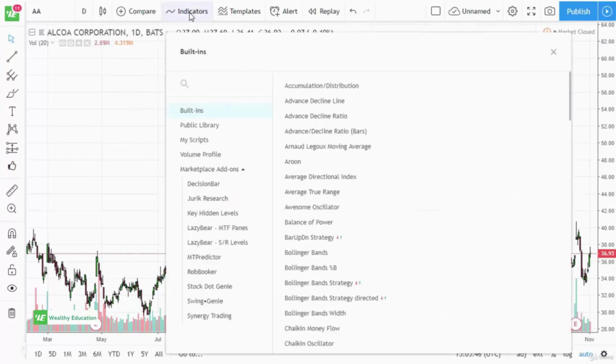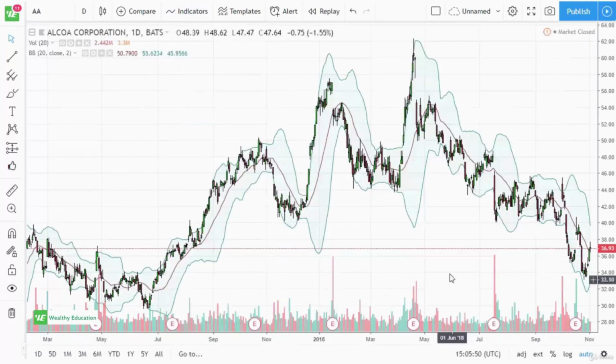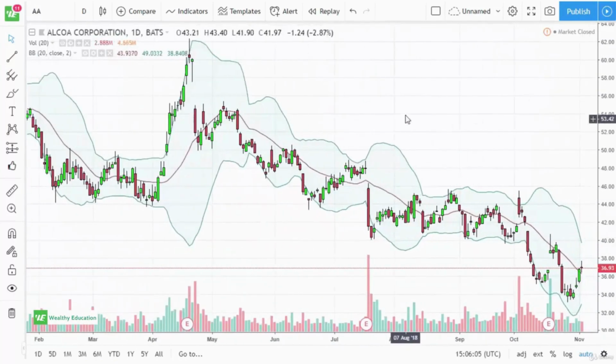So let's click on indicators, click on Bollinger Bands, and you can see that we have a middle line here. This is your 20 SMA, see 20, based upon the close, and then two standard deviations. So these lines, this is 2 standard deviations higher, 2 standard deviations lower.